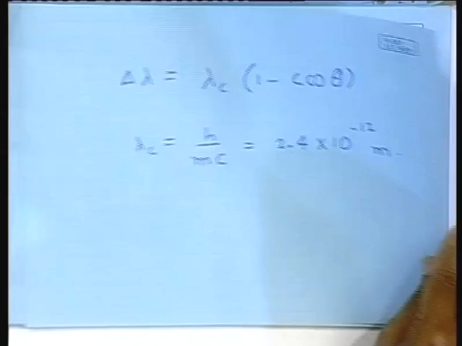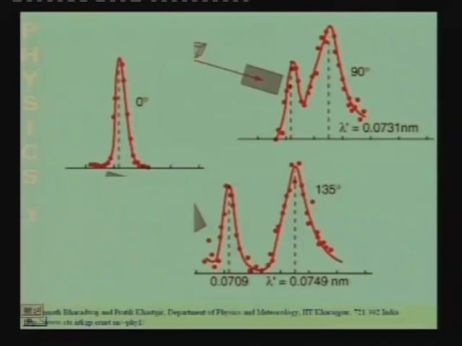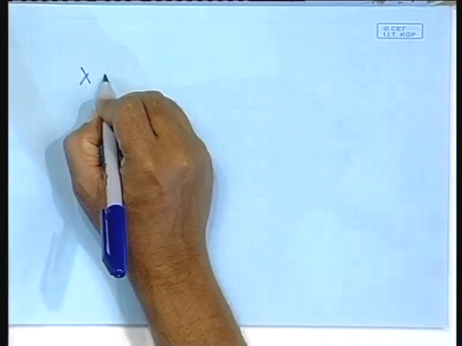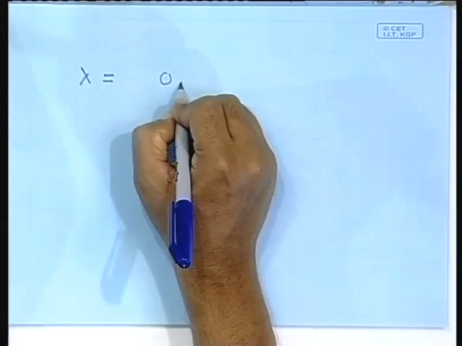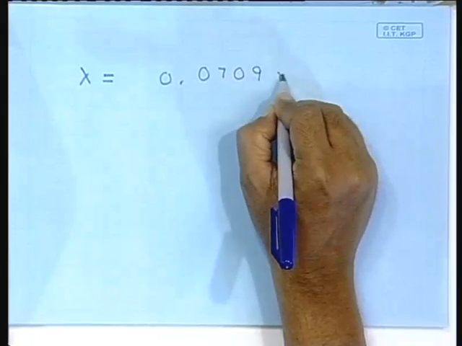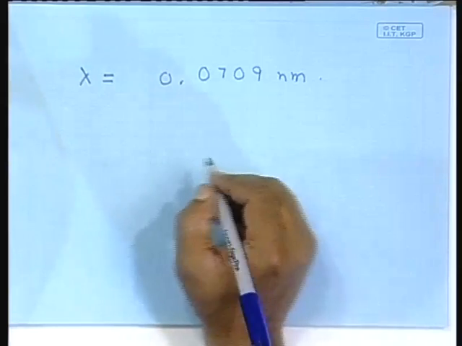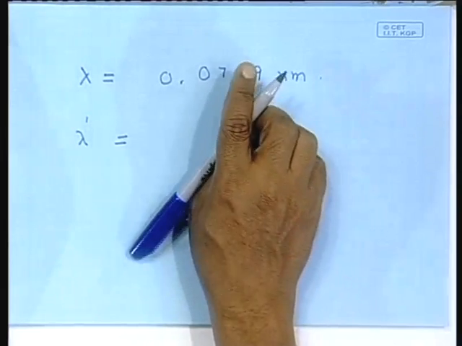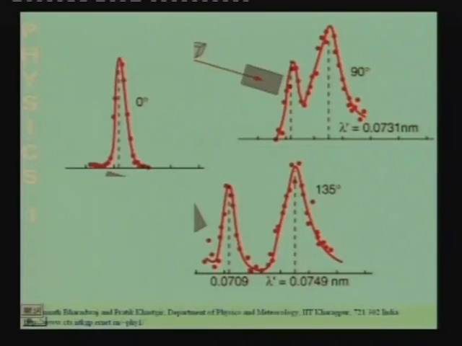So, in this particular situation, the X-ray is incident, and the X-ray which is scattered, the Compton effect, the larger wavelength, you can again read from here, it is 0.0749 nanometers.